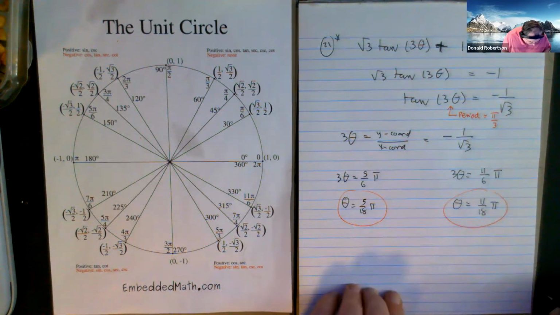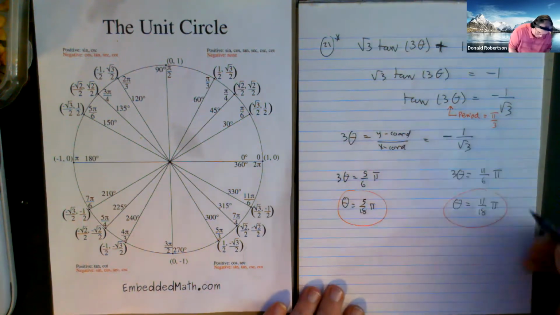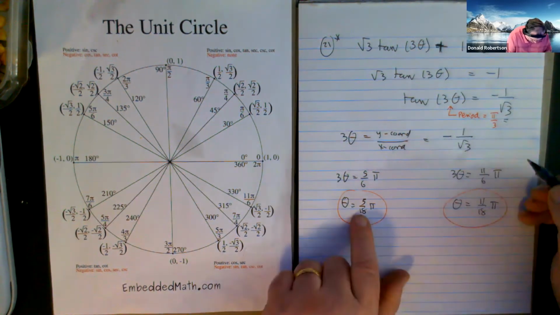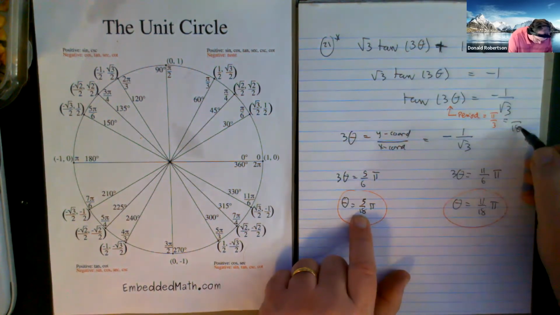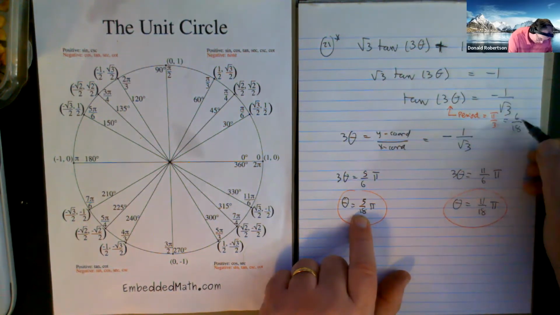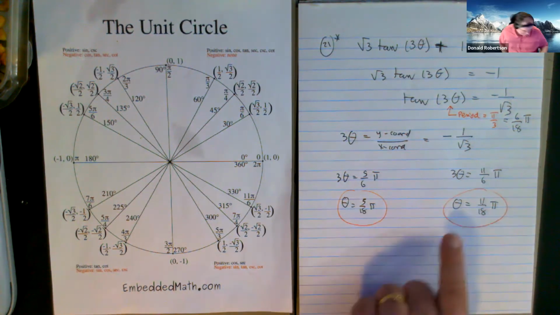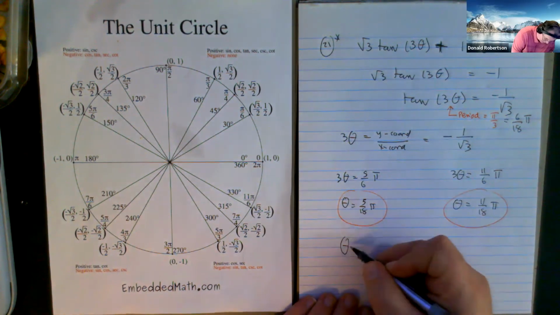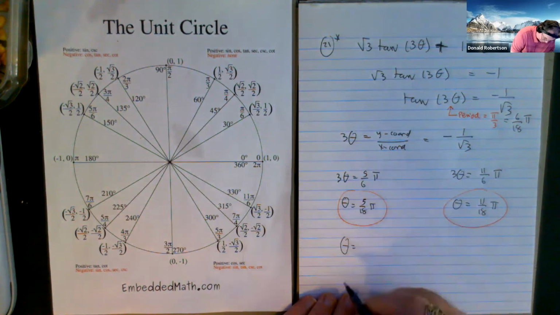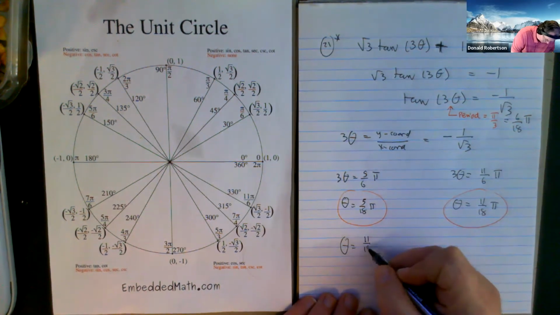Now, if I add pi over 3, which is a bit messy, since these are over 18, why don't I just turn this into 6/18 pi? Won't I just make it easier to add them? So if you add 6 to that, you get 11/18 pi.